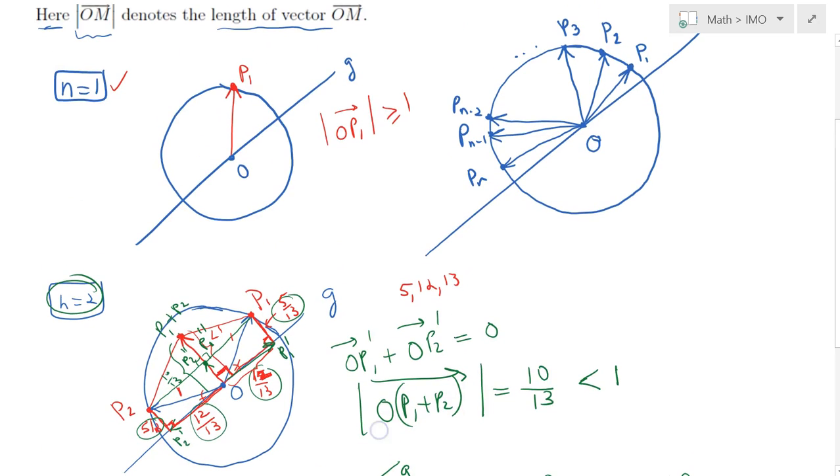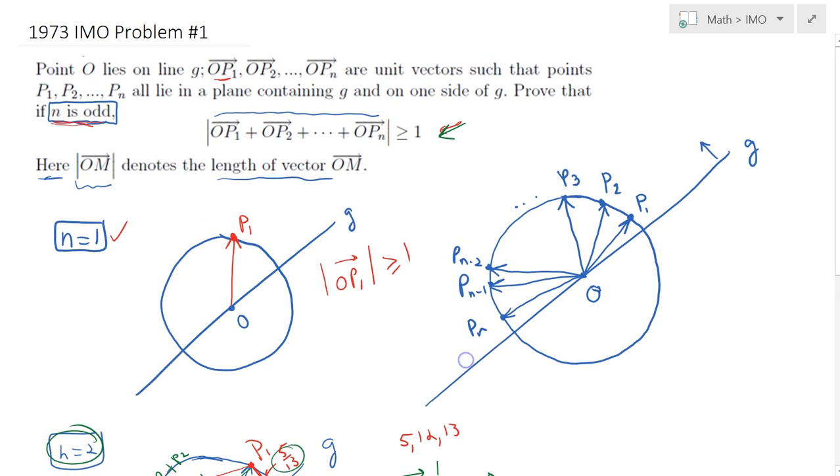So I would like to prove the claim. Because casework on N seems reasonable, I can probably use induction on N. Before I go on with the induction proof, I would like to remind you of two facts about vector addition.